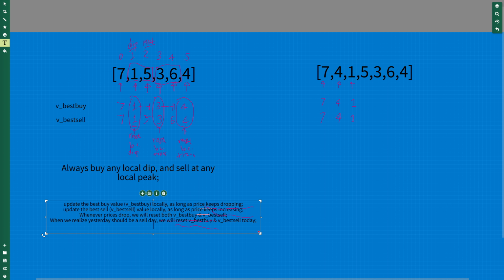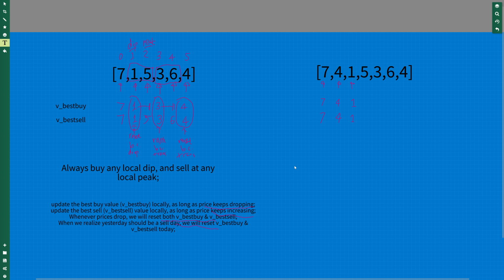But because we can sell and buy on the same day, right? We can sell one share and then we buy one share on the same day.